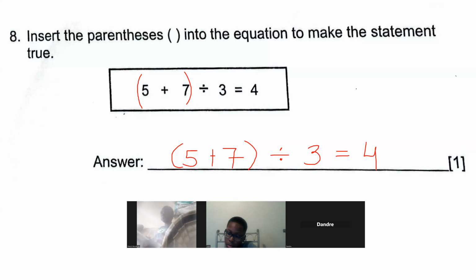All right, so we put the parentheses between the 5 and the 7. DeAndre, can you explain why we put the parentheses between the 5 and the 7?